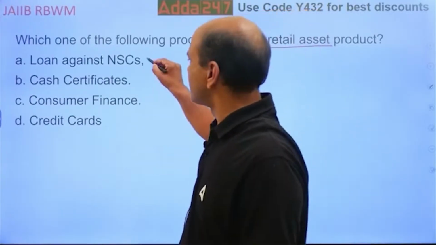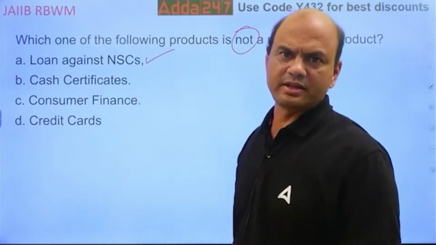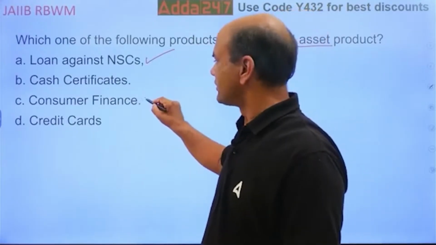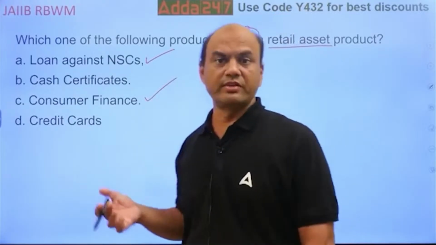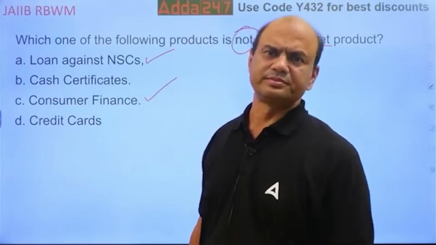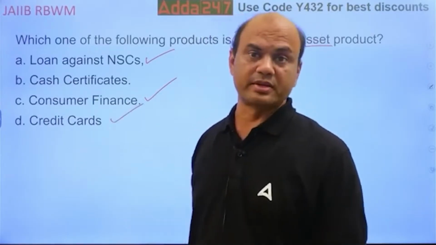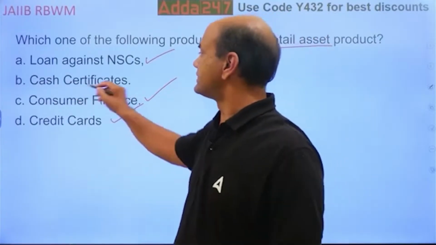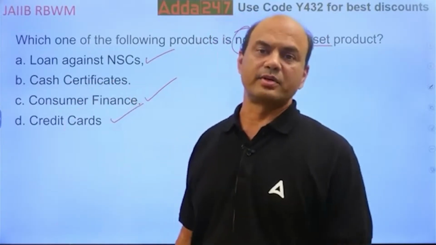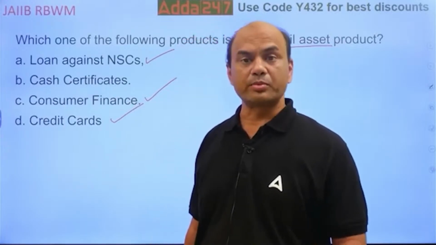See, this is a retail product. You give loan against NSC, LIC policy, all these. Consumer finance, yes. We give consumer finance for TV, fridge. Nowadays we have started that also. Credit cards, yes. It is a retail asset product. Only cash certificate is not the retail asset product. Cash certificate is basically a corporate product.